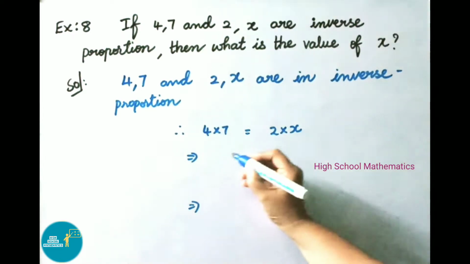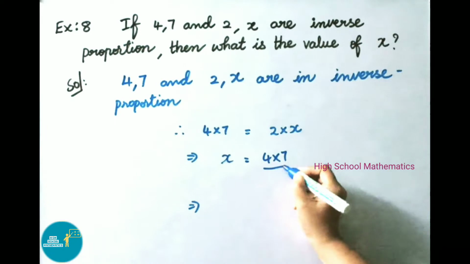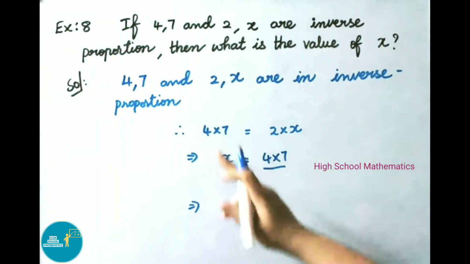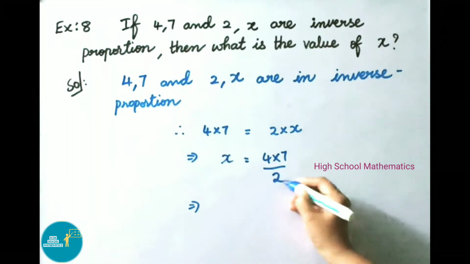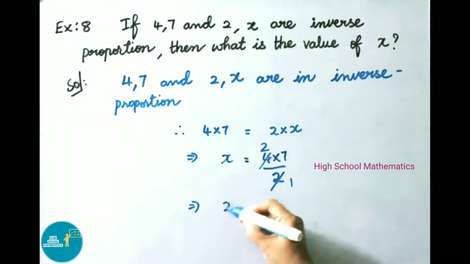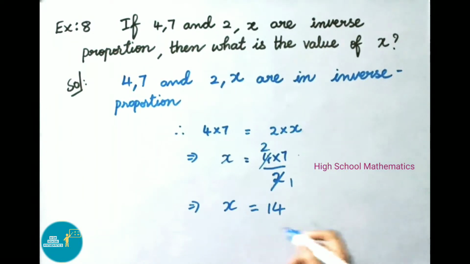That implies x equal to 4 into 7 by 2, since 2 is multiplying, on transposing it becomes divided by. So 4 into 7 by 2. 2 ones are 2, 2 twos are 4. So x value is equal to 2 into 7, that is 14. Therefore x value is 14.